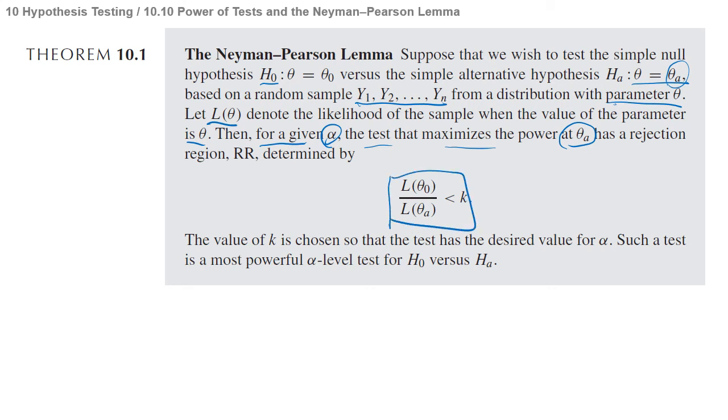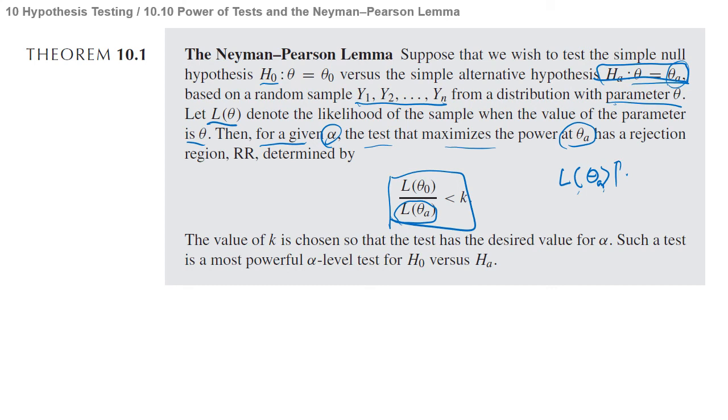this way. This makes sense because if the alternative hypothesis is true, then probably we will have a larger value of L(theta A). So L(theta) is the likelihood of the data. If the truth is theta A, then L(theta A) would be larger.